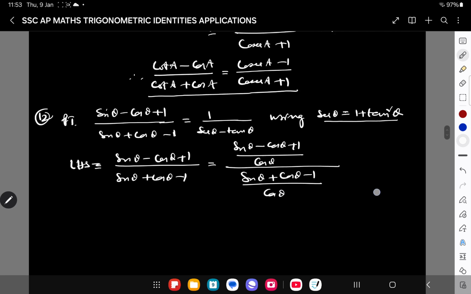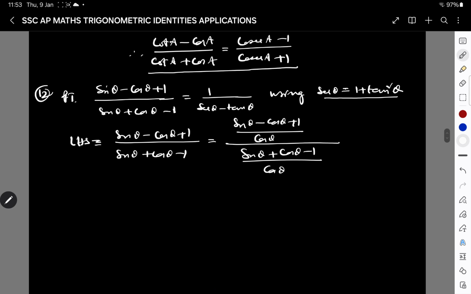So this is equal to sin theta by cos theta minus cos theta by cos theta plus 1 by cos theta, divided by sin by cos, cos by cos, 1 by cos.